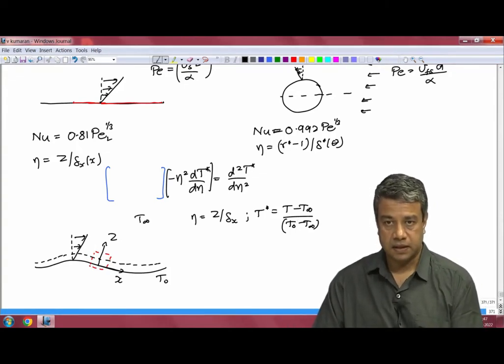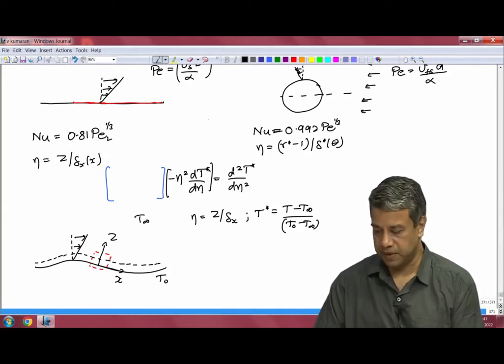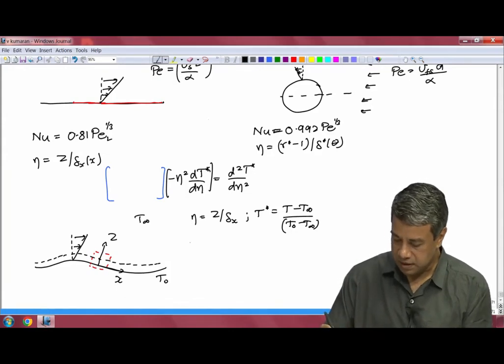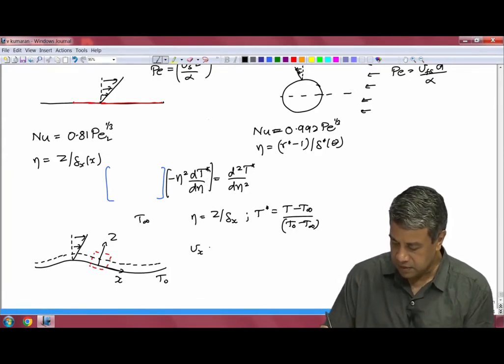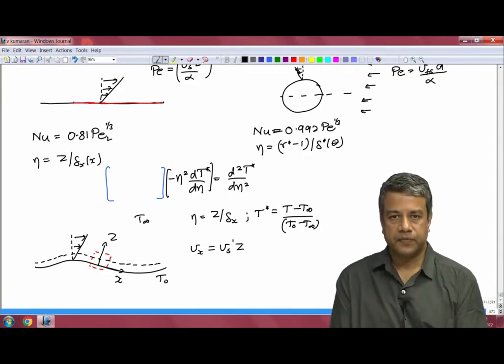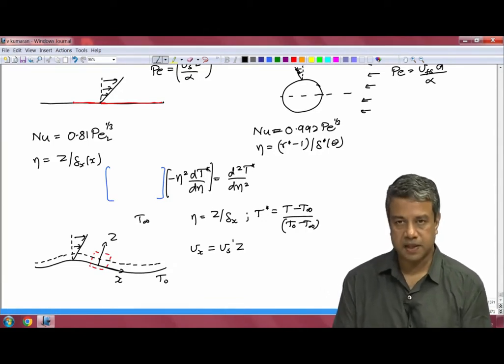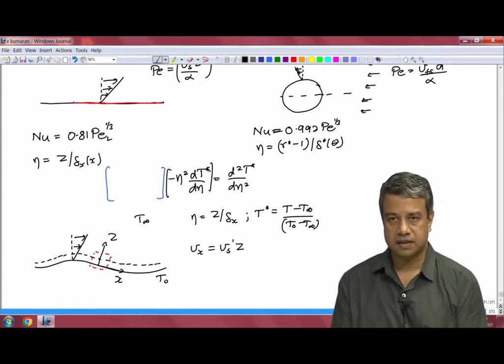The velocity at the surface has to be 0. Therefore, the velocity close to the surface has to increase linearly from the surface. So, the velocity in the x direction, the streamwise velocity, has to be of the form Vs' times z, where z is the distance from the surface, and Vs', which is in general a function of x, is the strain rate at the surface.